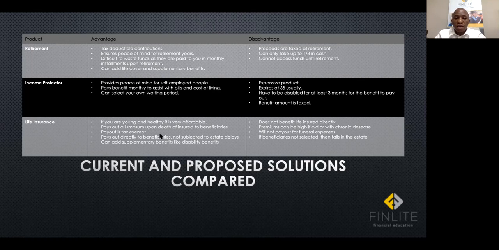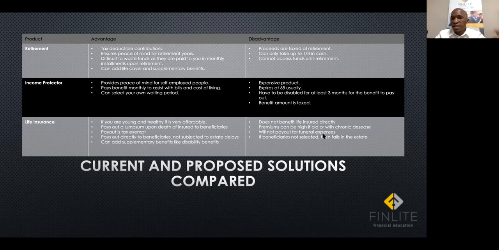And the payout is tax exempt. So the payout from the life cover is actually not taxed, unless it is put under an estate.